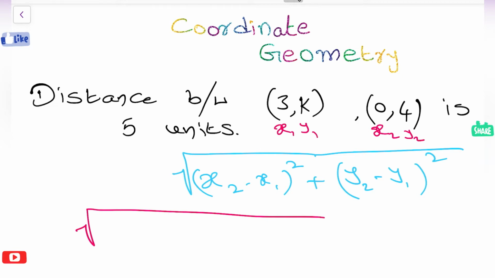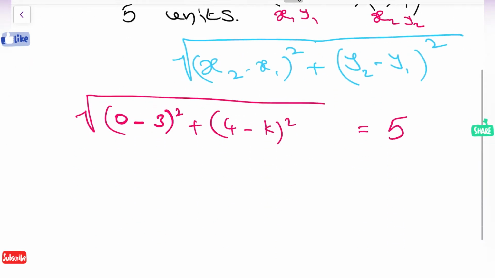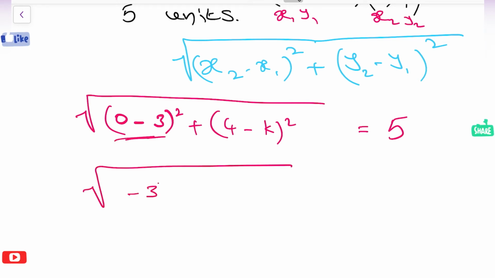Under root x2 is 0 minus x1 is 3 whole square plus y2 is 4 minus y1 is k whole square, which is equals to the distance they gave as 5 units. Under root 0 minus 3 whole square plus 4 minus k whole square is equals to 5.